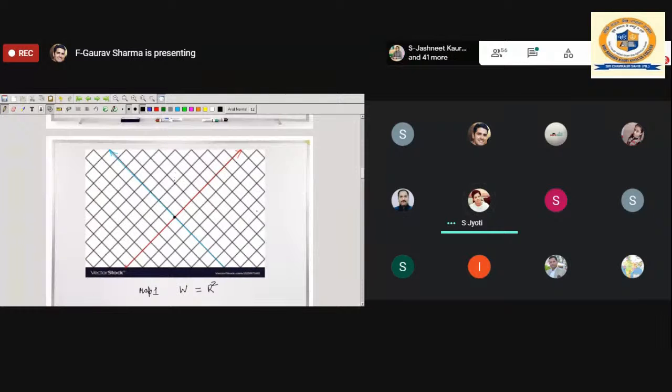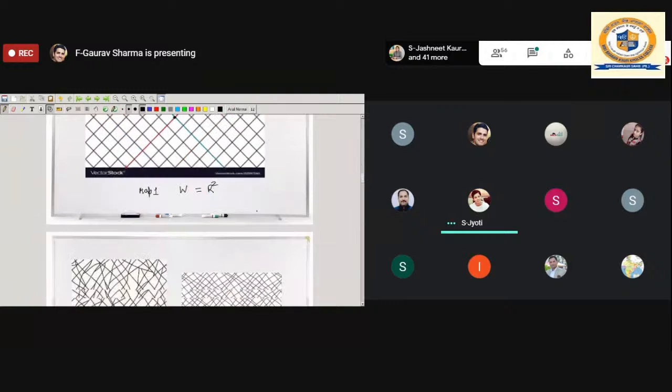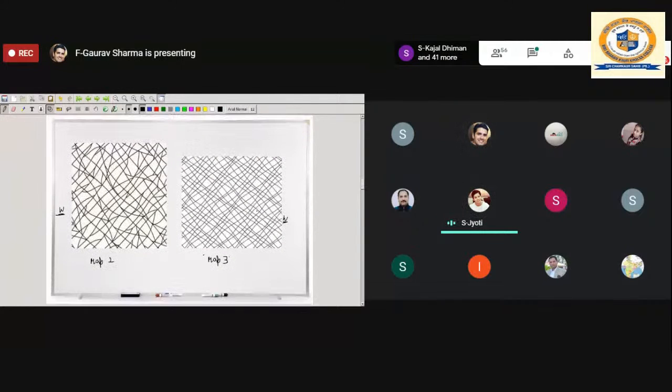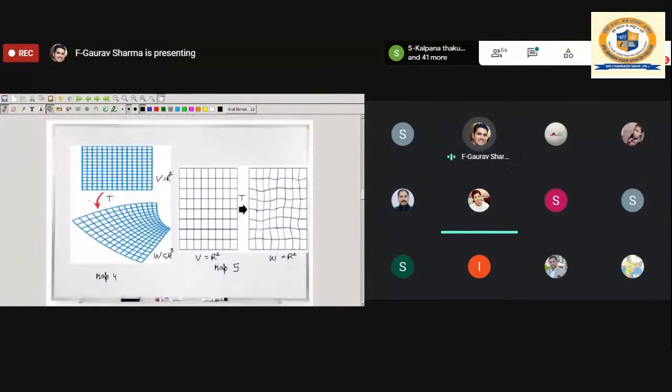But if you look at the second map, where you are crushing this one, these lines will move from here and there. Yes, so your idea is about the origin. So suppose here is the origin and here is also the origin. The origin is not changed. Then what can you say?